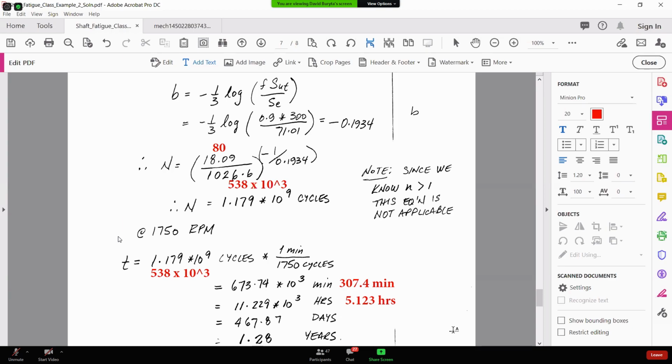But this is only valid when your factor of safety for fatigue is less than 1. So I won't be asking you to do these number of cycles on the test. I'm going to give you a shaft, and you'll have to do the shear and bending moment diagram, look up the properties, find the Marin factors, and find the factor of safety.